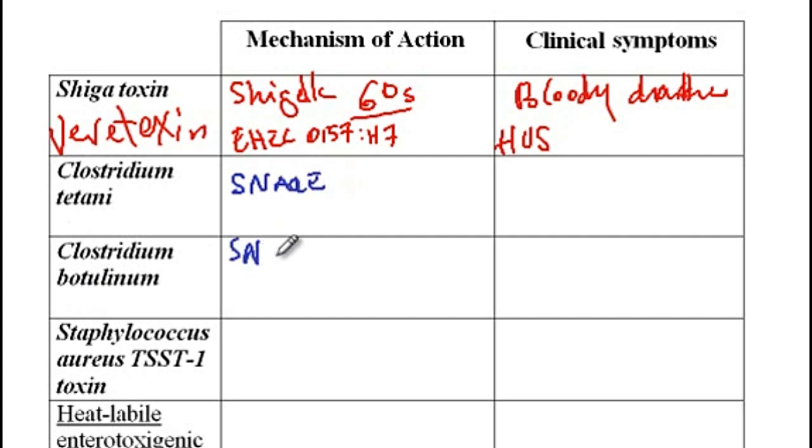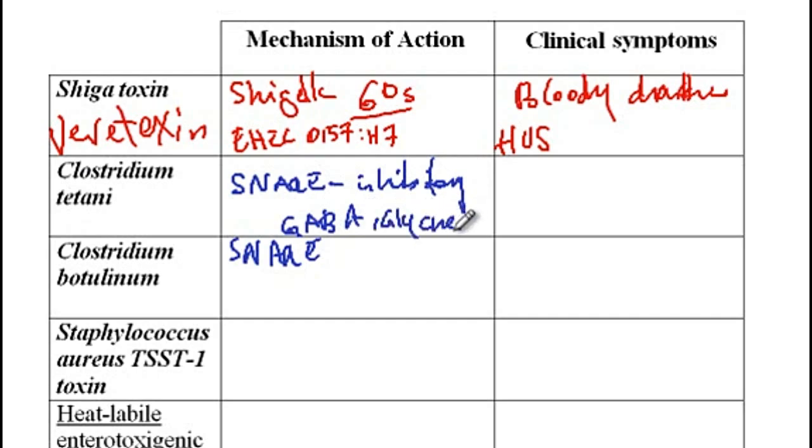SNARE protein is a protein that is required for the fusion of the vesicles in the neuronal nerve ending. So if the vesicles cannot fuse, then the neurotransmitters will not be exocytosed from those neurons. Clostridium tetani is inhibiting the release of the inhibitory neurotransmitters like GABA and glycine, as a consequence of which these patients present with the spastic paralysis and jaw lock.